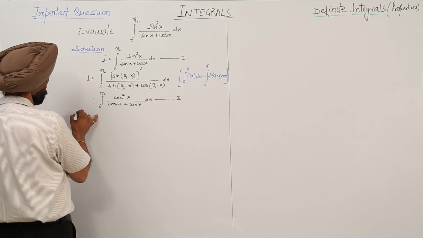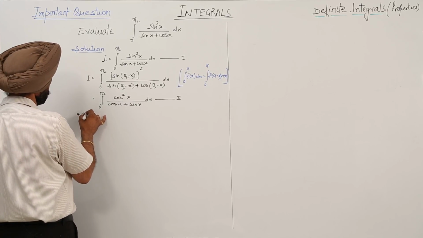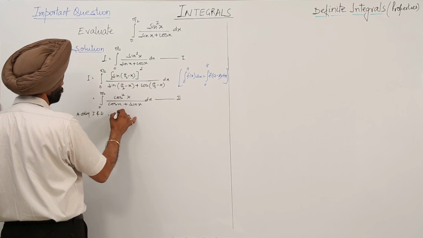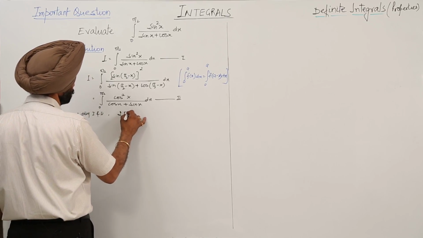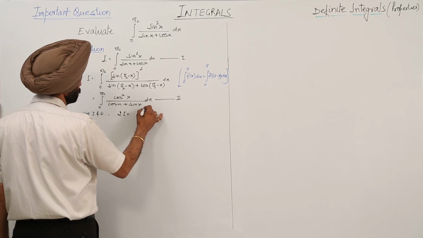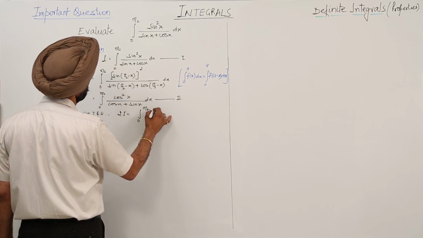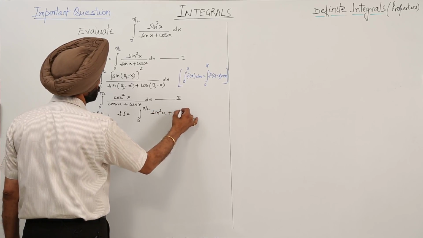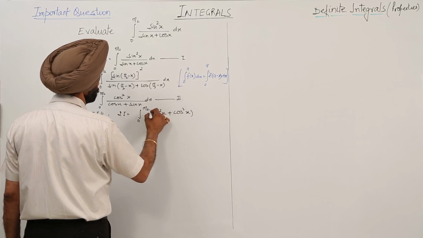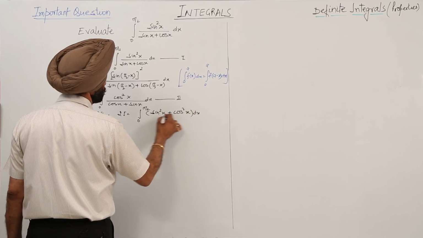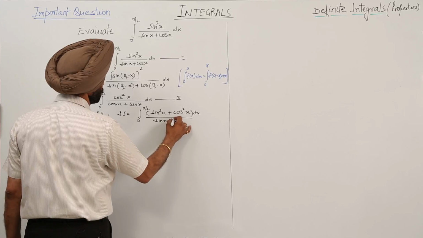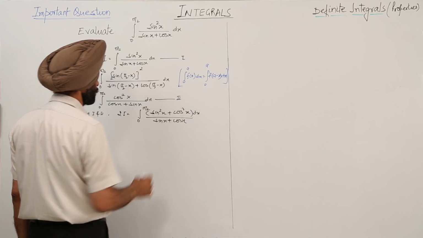Now adding 1 and 2, integral 0 to pi by 2 of sin square x plus cos square x dx upon sin x plus cos x.